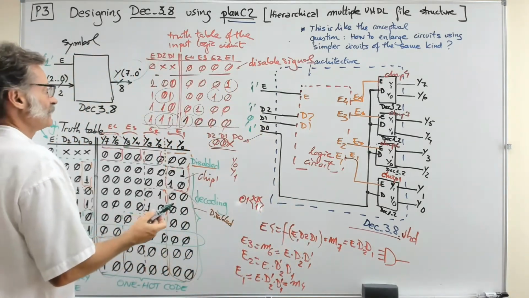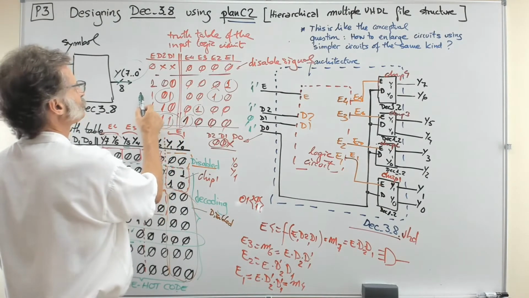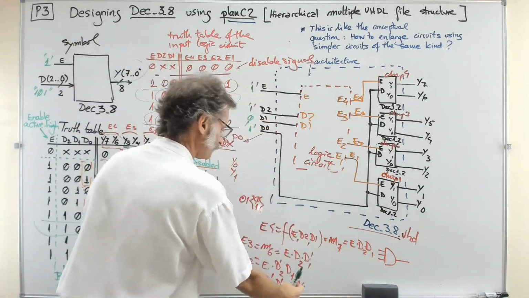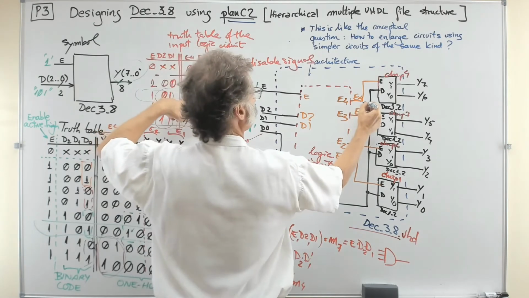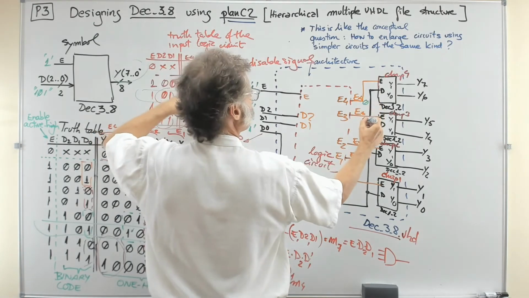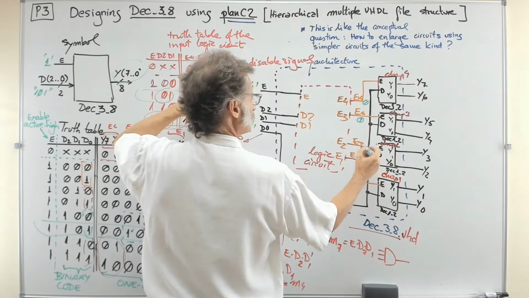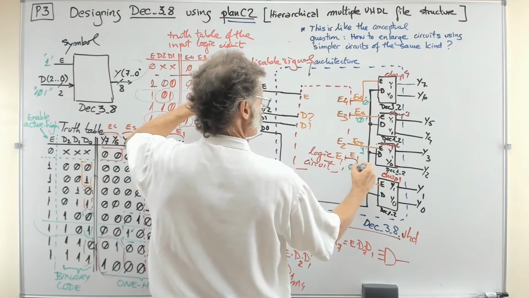If I apply this, I have exactly this line in the truth table. So these logic gates down here are going to generate a 0 in the E4, a 0 in the E3, a 1 in the E2, and another 0 in the E1.